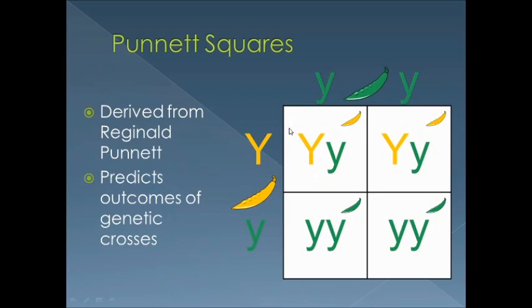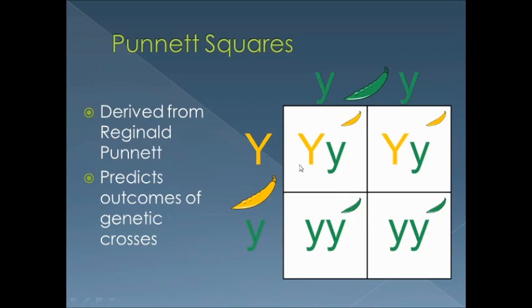And because we know that the big Y, or the yellow gene for the pea plant, is dominant, it will cover up that recessive gene. So these top two possibilities will be yellow pea plants. The bottom two are homozygous because they have two copies of the same gene. They're both recessive. Therefore, these will be green pea plants.